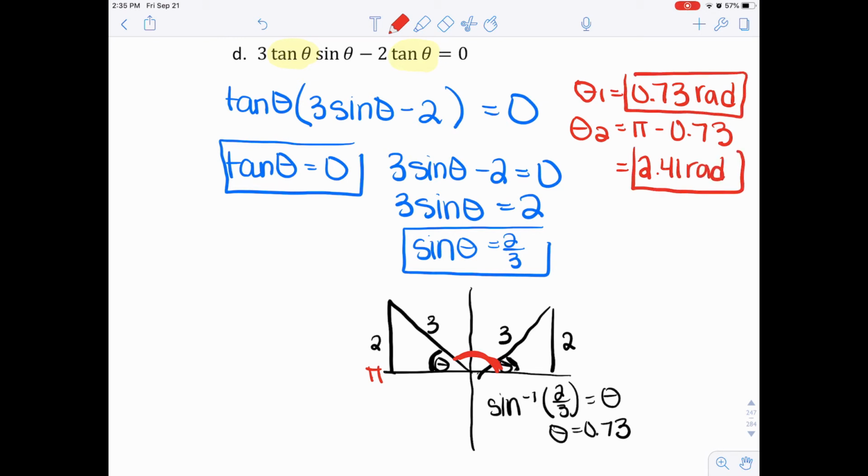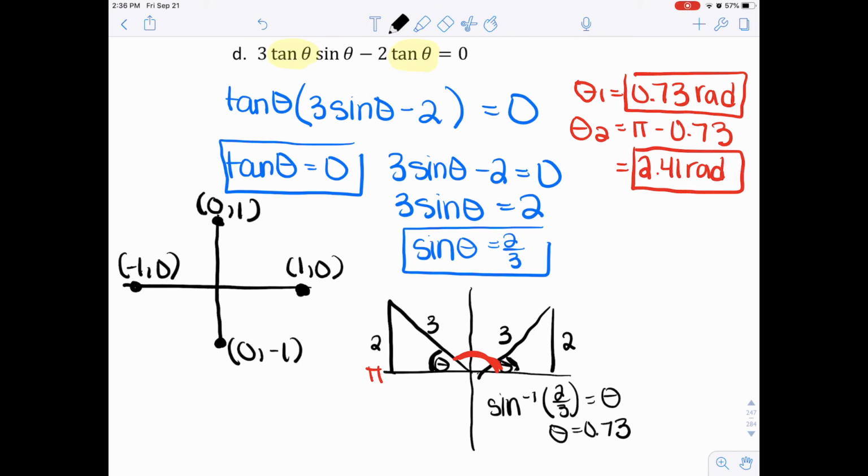At this point, we're not done yet because we also need to solve the equation tangent theta is equal to 0. The angle for this is going to be a quadrantal angle. And when it comes to quadrantal angles, you can try to draw a triangle, but I usually prefer to think about the unit circle. And for this, we're just identifying the points that are one unit away from 0 on the x and y axis in the positive and negative directions.